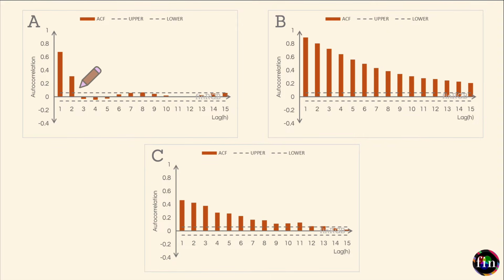In this case, the abrupt decay happens beyond lag 2, and hence our best guess for the time series specification for this correlogram is that it's following the MA2 process, the moving average process of second order.